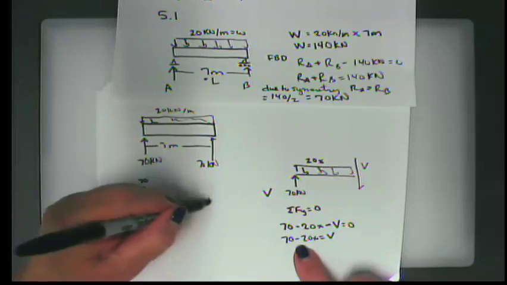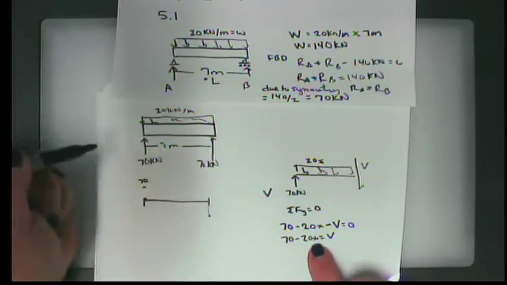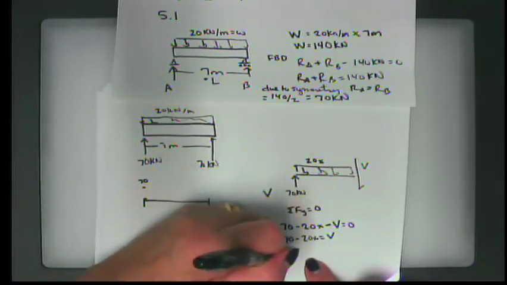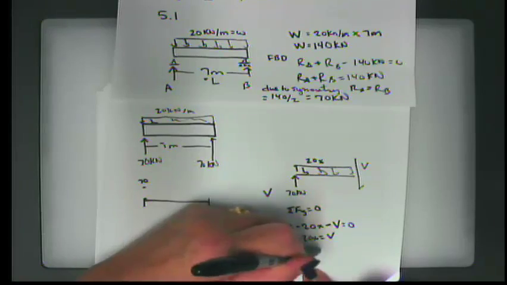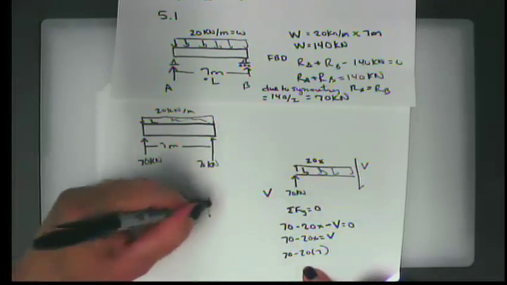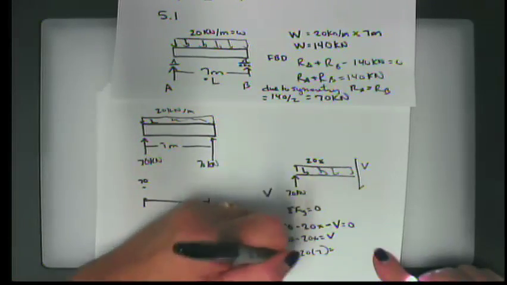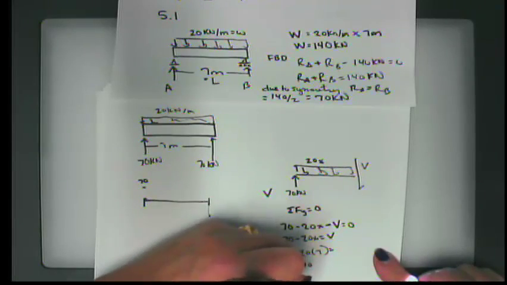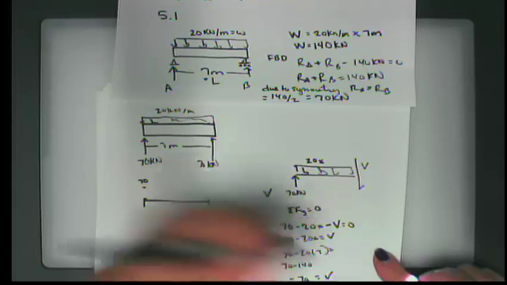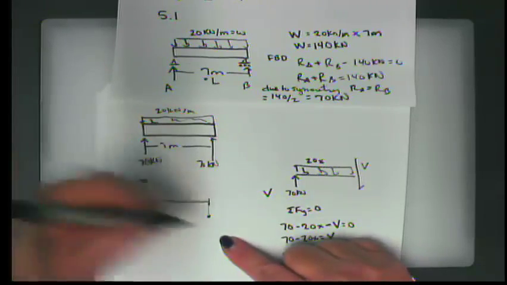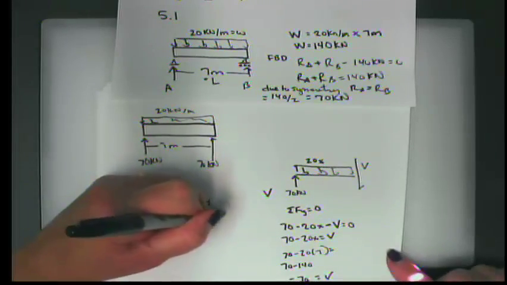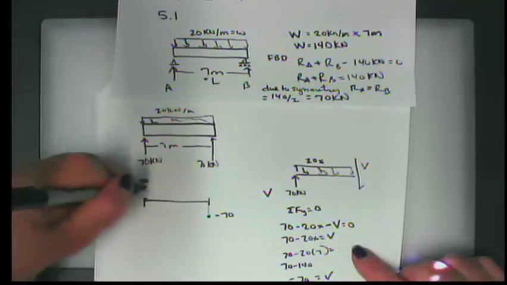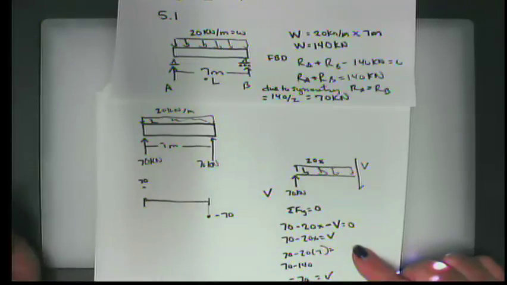And when I get here, x is 7, so it's 70 minus 20 times 7, which is going to be 70 minus 140, or minus 70. So when I get here, the load is going to be negative 70. What happens between here and here?